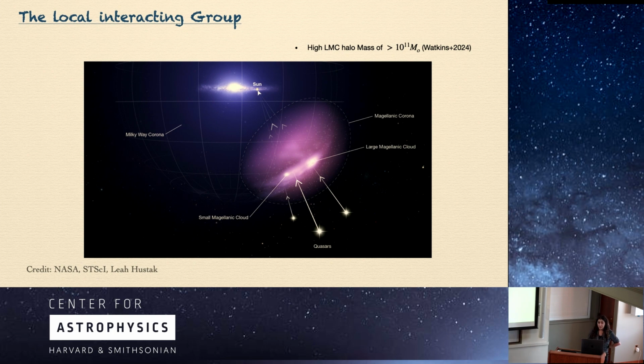Recent developments have found that the halo mass of the LMC is more than 10 to the power 11 solar masses, like a massive irregular galaxy. So a galaxy of typically this much halo mass should be able to hold its own CGM.